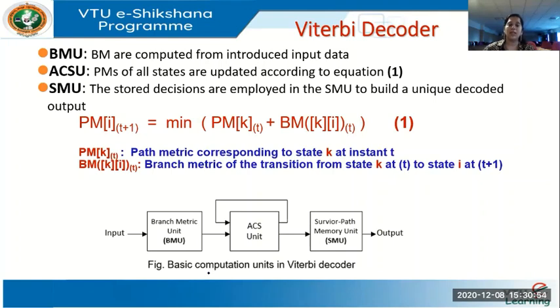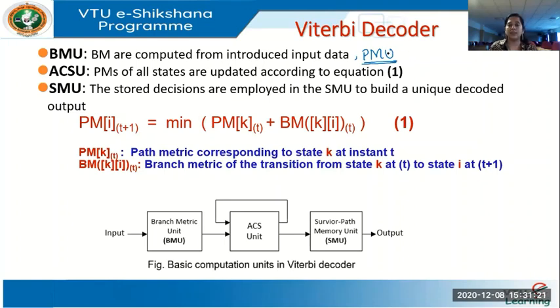First one is known as the branch metric unit or BMU. They are computed from the input data. I'll show you the definition of BMU. And then the second unit is the path metric unit. We haven't written it here. After the branch metric unit, the second one is the path metric unit.